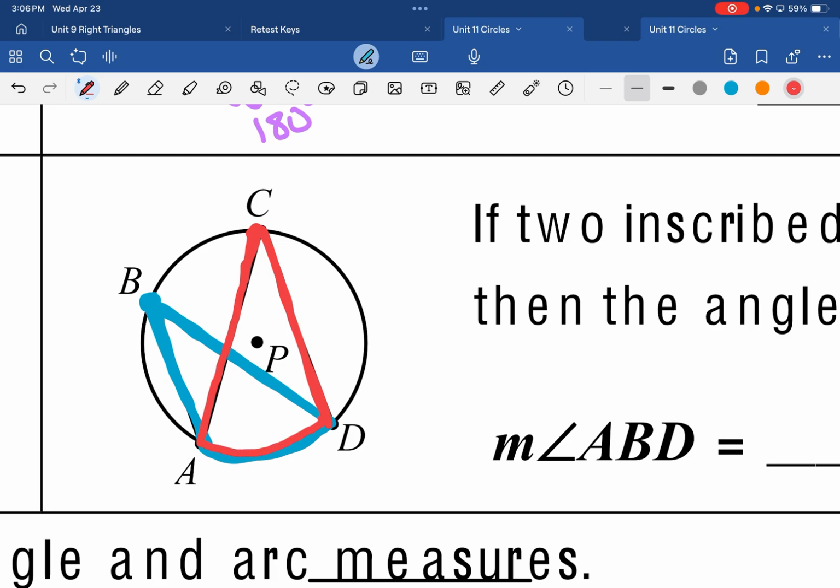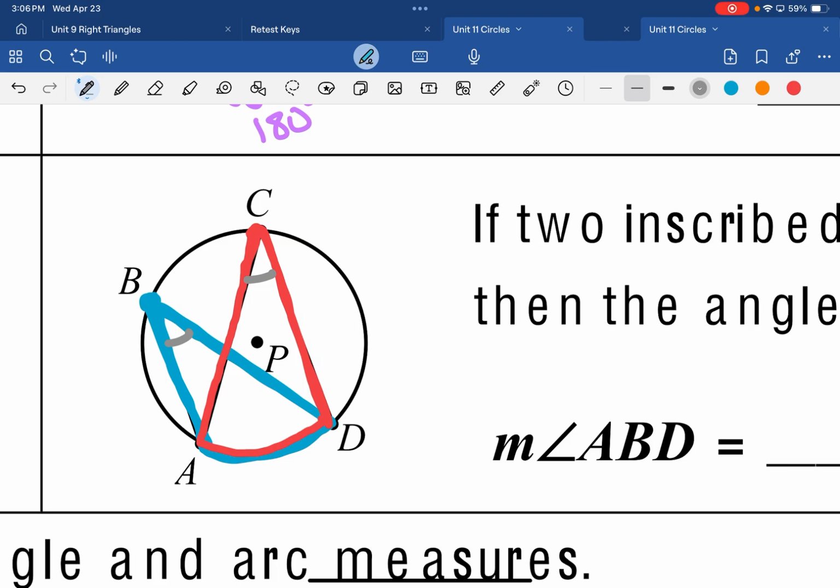So if two angles share an arc, what does that tell you about those two angles? They're equal. They're going to be congruent. They're going to be equal because they're half of the same arc. So angle B and angle C are equal because they both share AD.